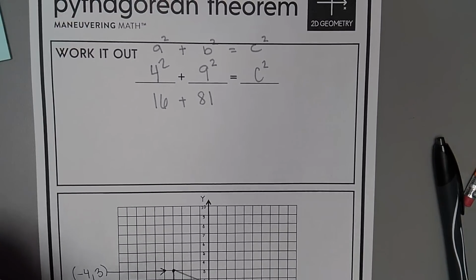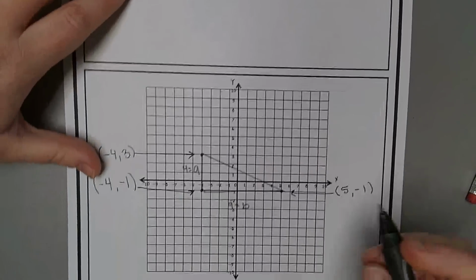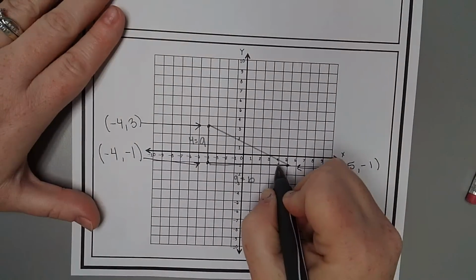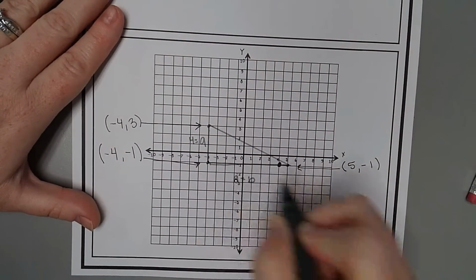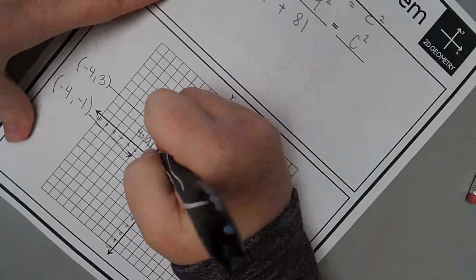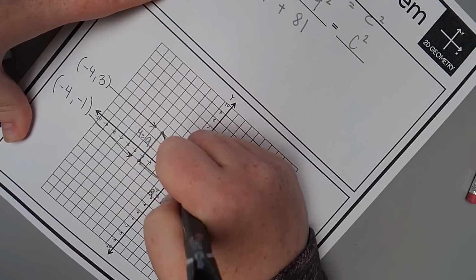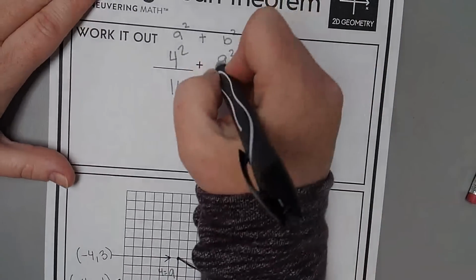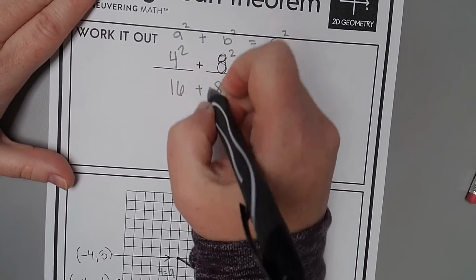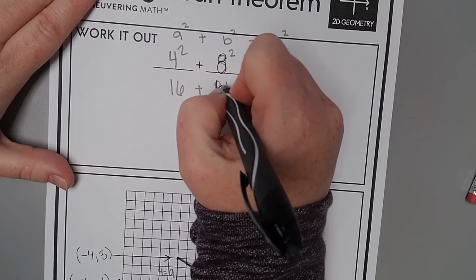We're going to backtrack just a little bit. I'm really sorry. We're going to take this away 1. So that means B is now 8. That means this is 64.